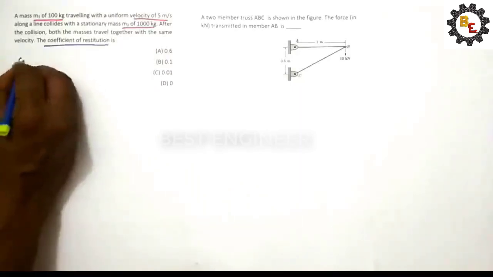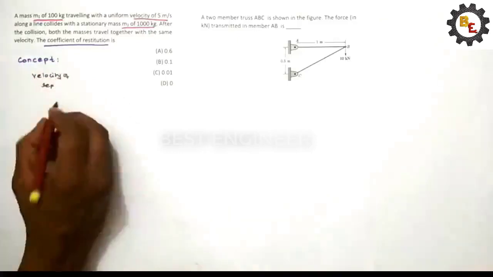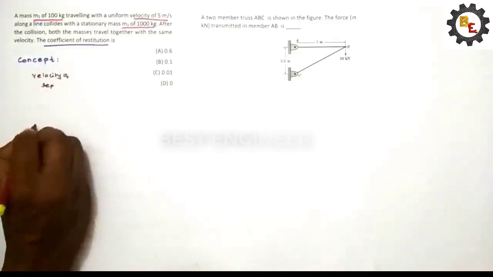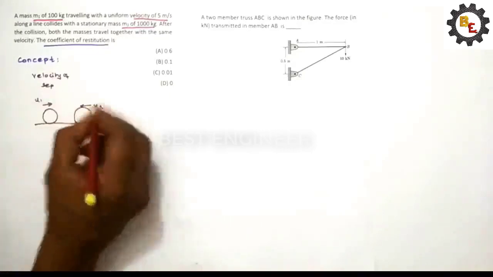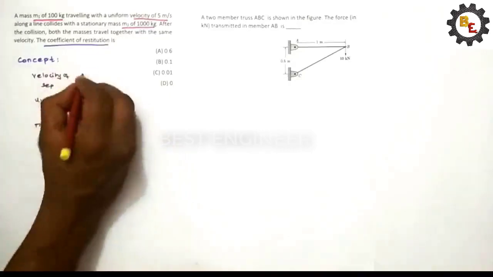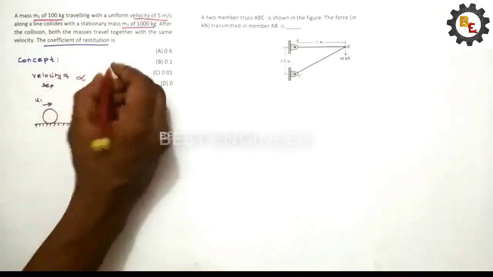Let's see the concept. When objects move on a horizontal surface, the velocity of separation is directly proportional to the velocity of approach.